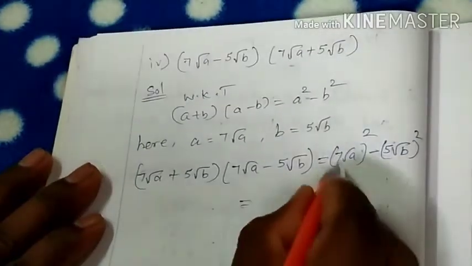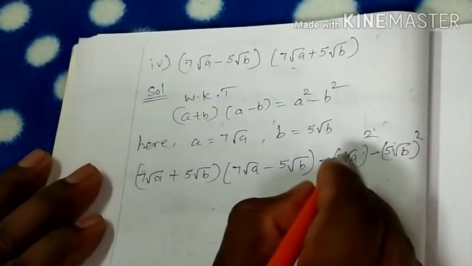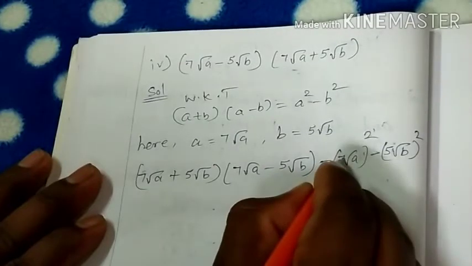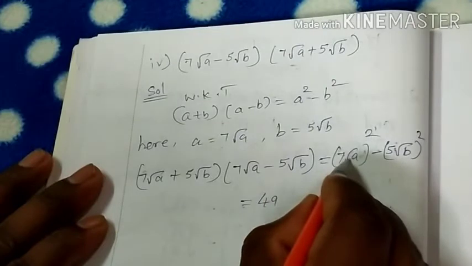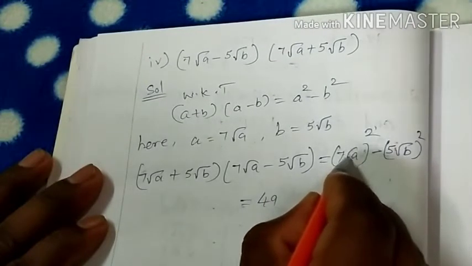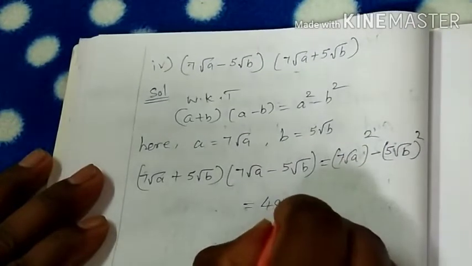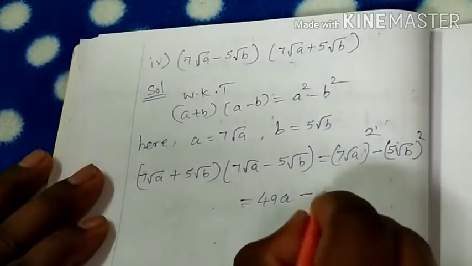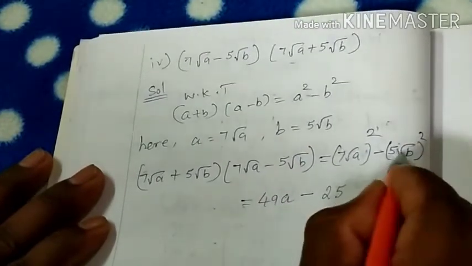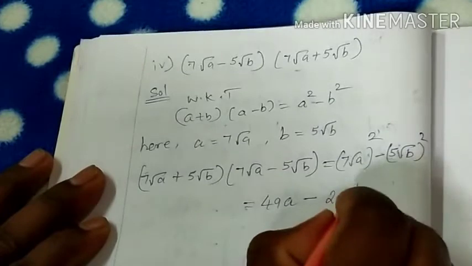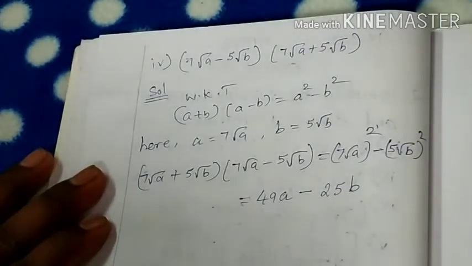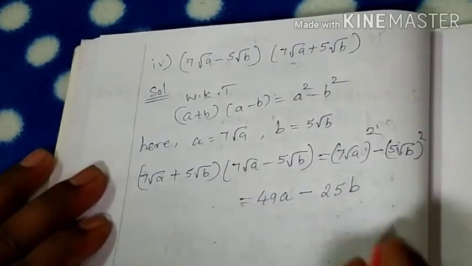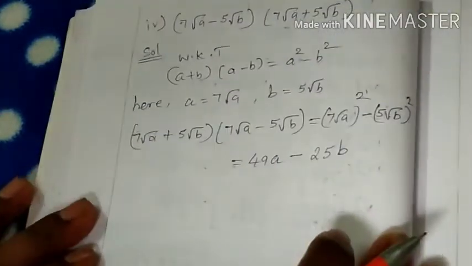The square is common for both terms. 7 square, 7 sevens are 49, and the square root and square cancel, so we get a. Minus 5 square is 25, and square root and square cancel, so we get b. So 49a minus 25b. That's the fourth question answer.